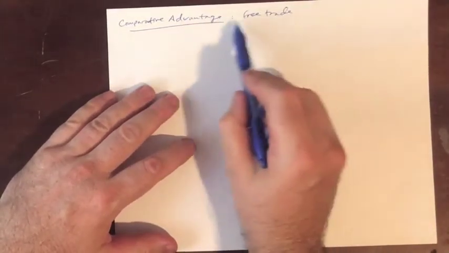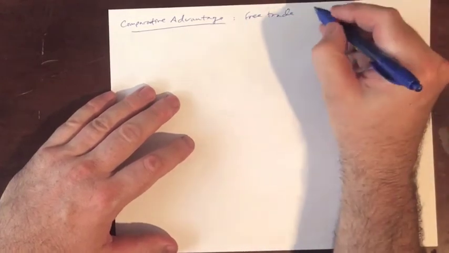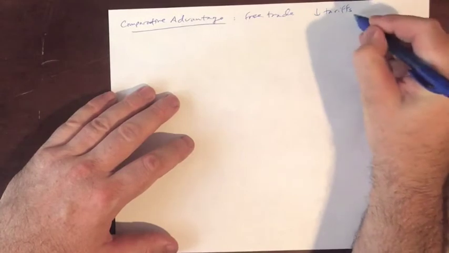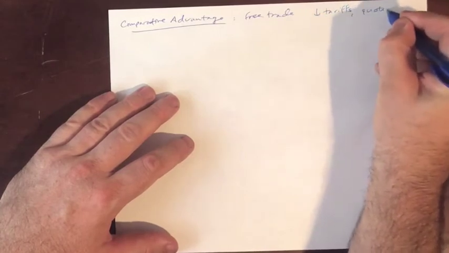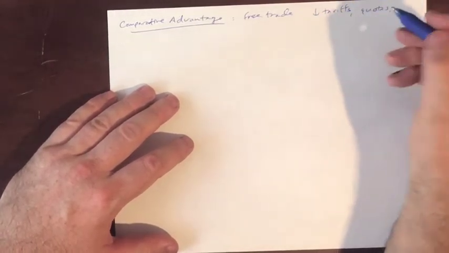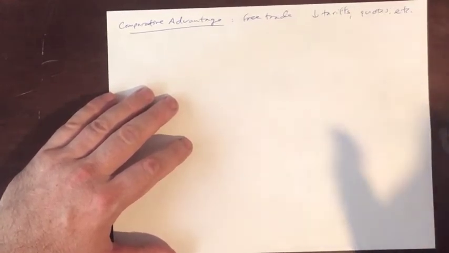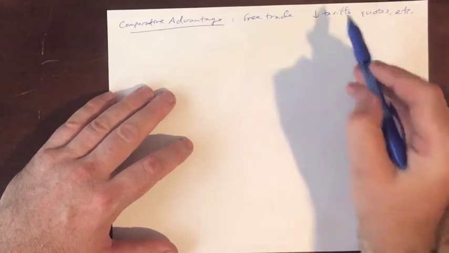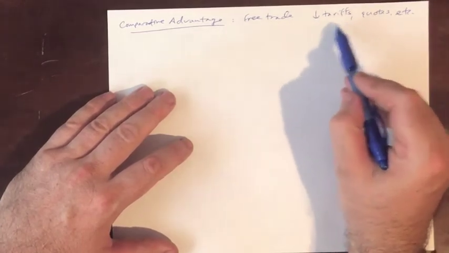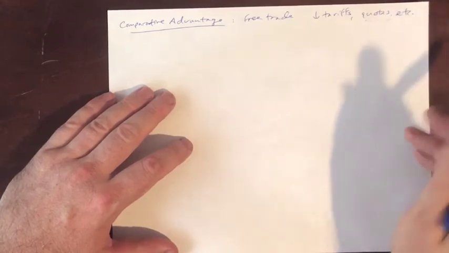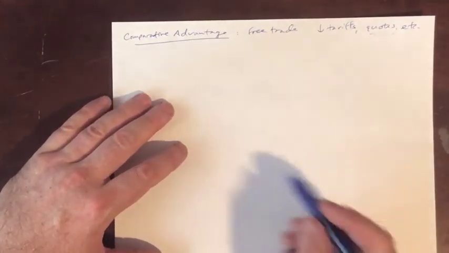Whenever we're talking about this, what do we mean by free trade? We mean that any kind of tariffs or quotas or any kind of restriction on trade, sanctions, get rid of it. You shouldn't have tariffs, or if you do, they should be at the lowest possible level. A quota is a limitation on trade and so forth. Get rid of all these limitations.